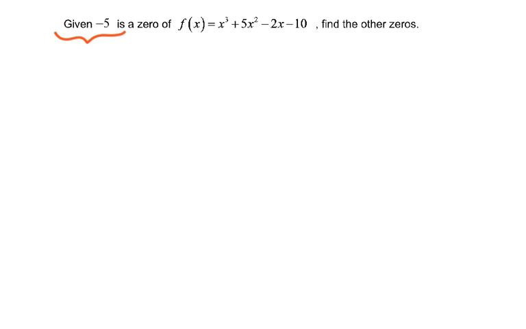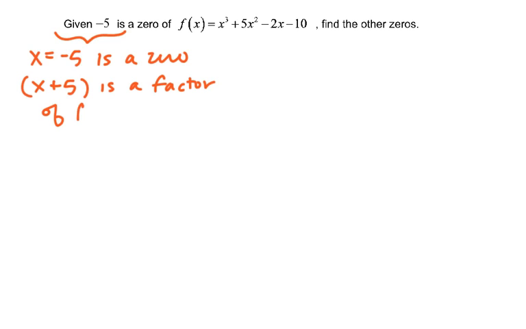So here I'm given x equals -5 is a zero. That means x plus 5 is a factor of f of x.